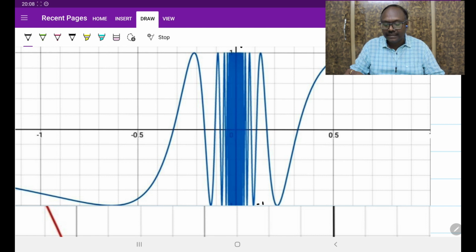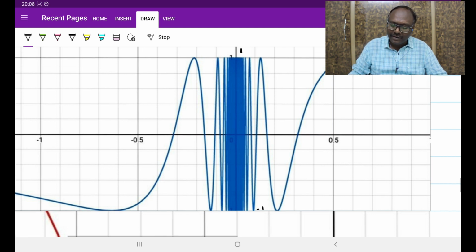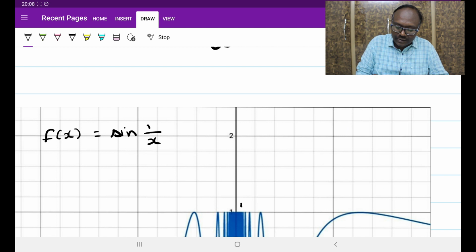So as x is approaching 0, the value of y is oscillating from minus 1 to 1, which means the limit does not exist. It is not tending to a particular value, instead it is oscillating from minus 1 to 1. So we say that limit x tends to 0, sine of 1 by x does not exist.